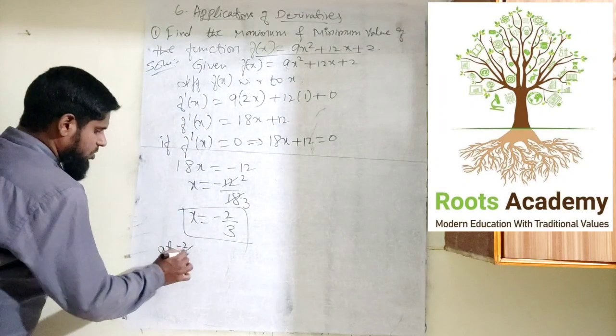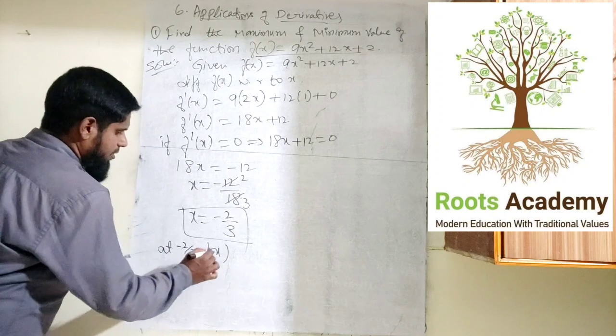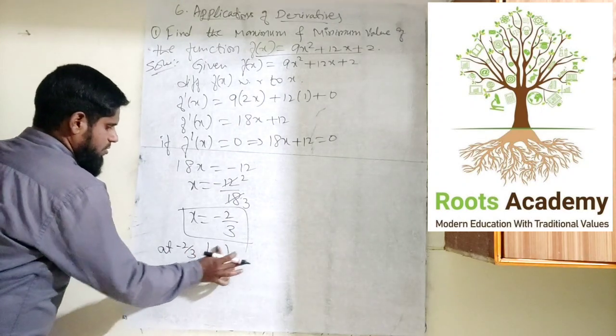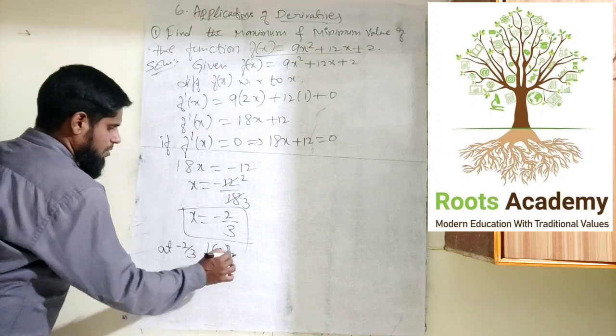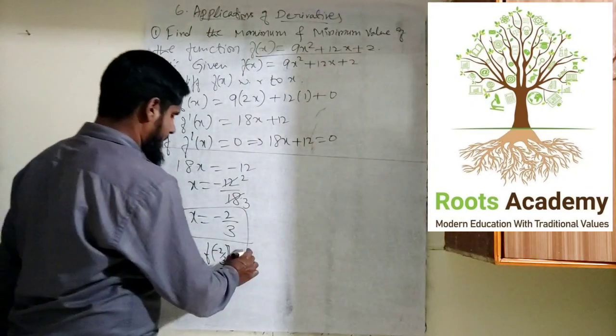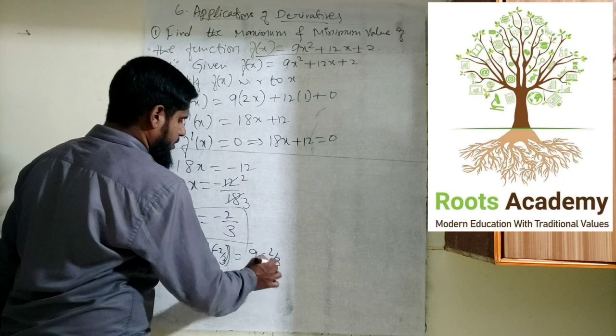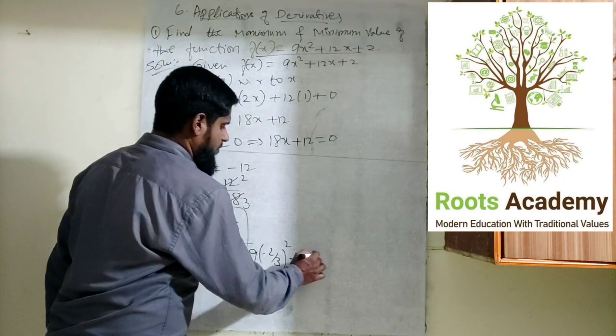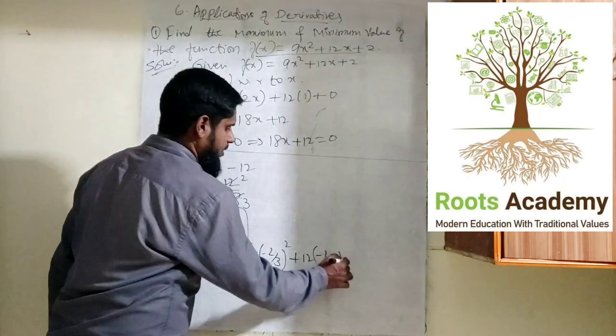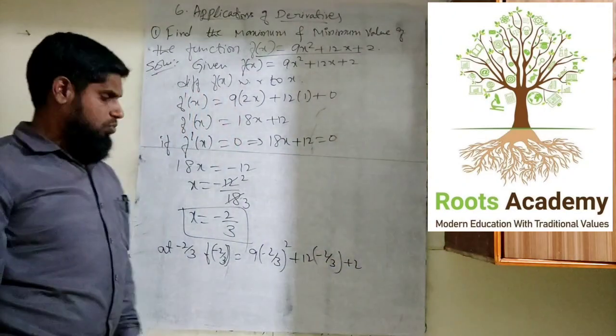At minus 2 by 3, f of x becomes 9 into minus 2 by 3 whole square plus 12 into minus 2 by 3 plus 2.